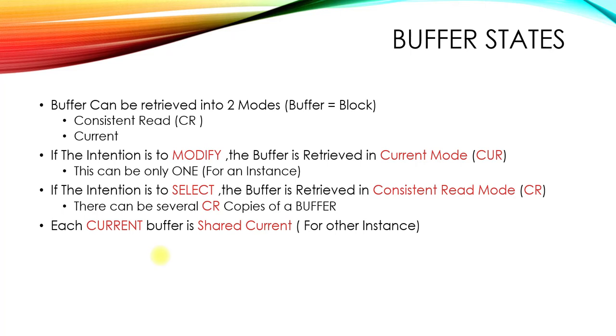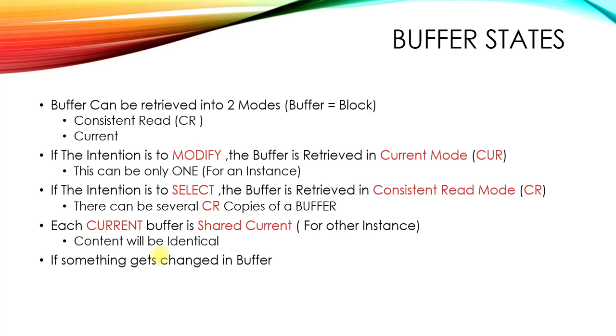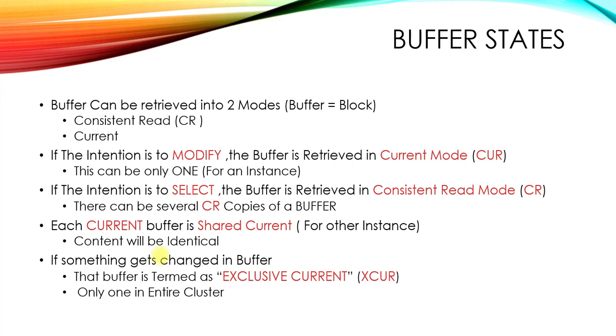There can be multiple copies, similar across all the instances. If by chance that particular shared current block is requested by a user to modify, it is immediately changed to exclusive current, and there will be one exclusive current block stamped on that particular block for the entire cluster.